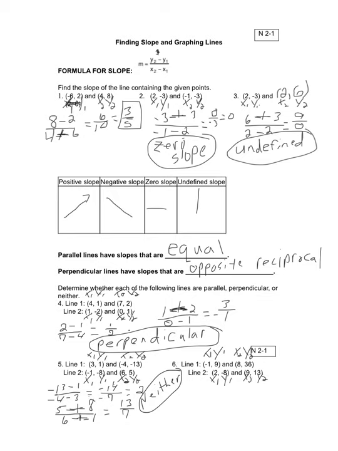Okay, line 1, Y2 is 36, minus Y1, which is 9, over X2, which is 8, minus X1, which is a negative 1.